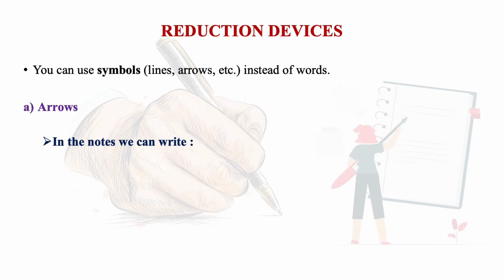For example, if you are making use of arrows, what do you understand by the arrows, and why do people make use of arrows in taking notes? In the notes, suppose you're writing blockage of arteries, then you make use of the symbol right arrow, then blood supply, and then again a right arrow, angina. Now, why do you use this arrow?